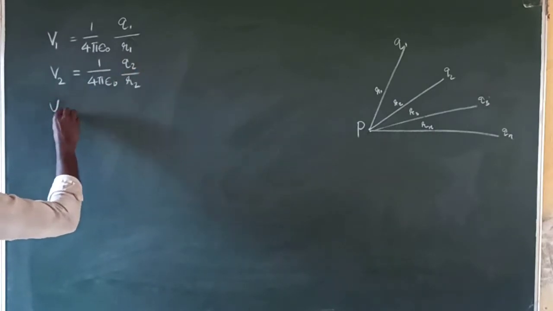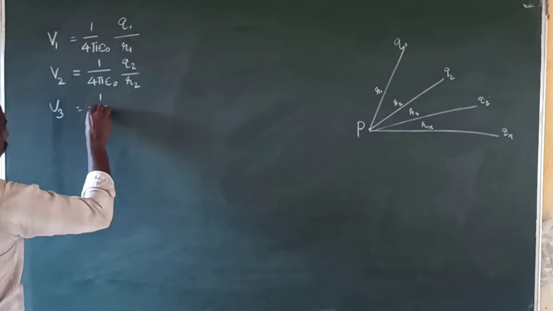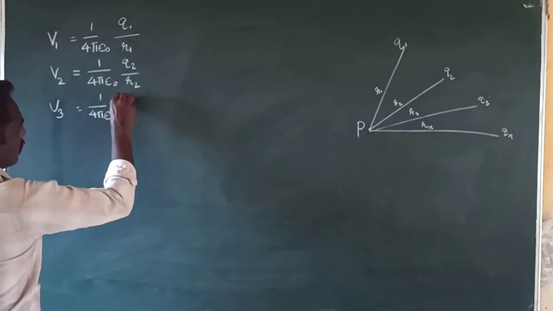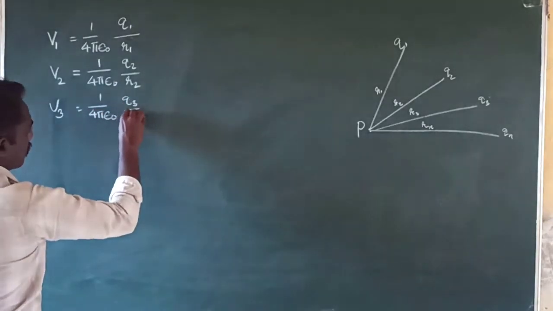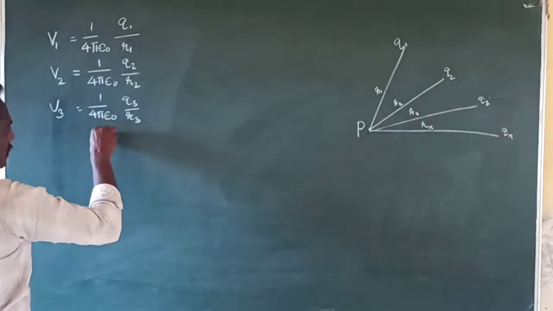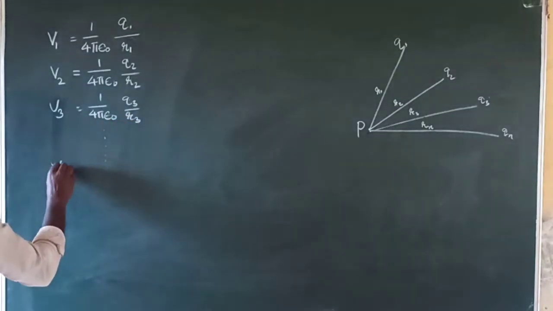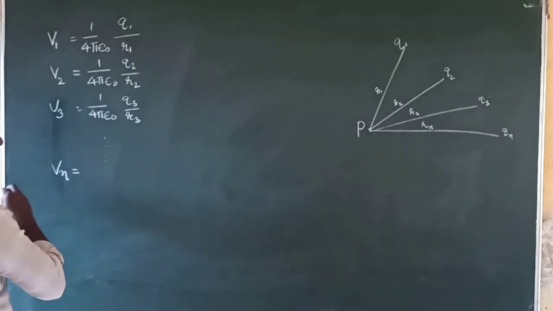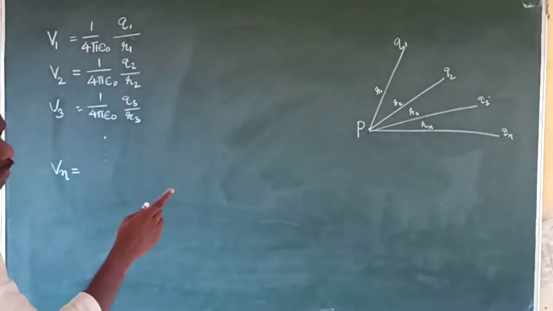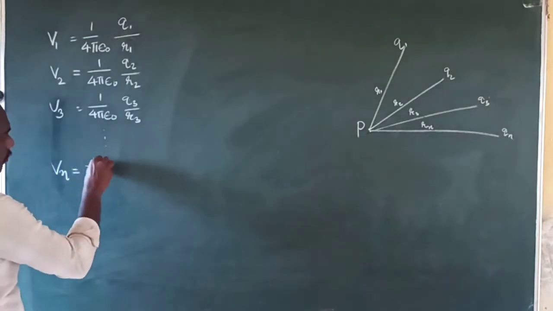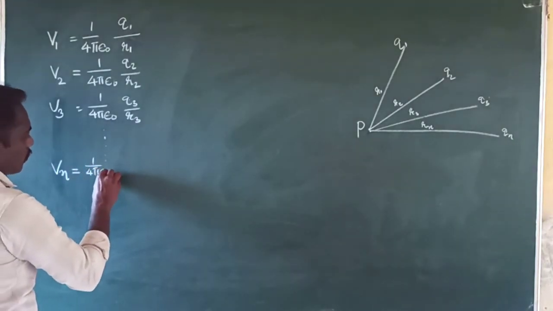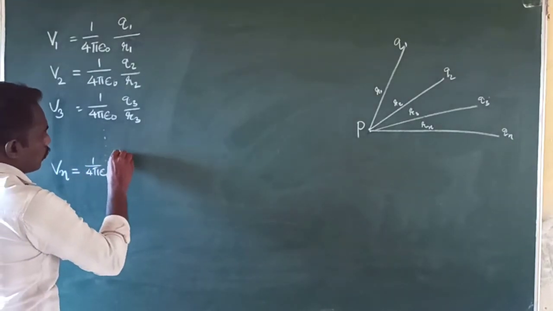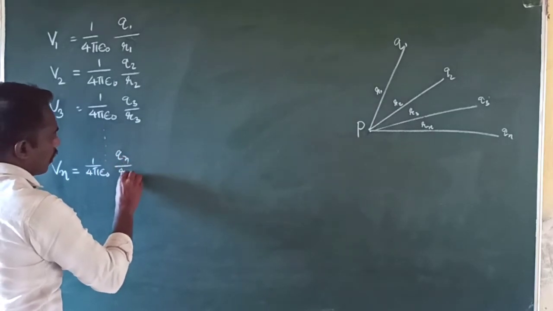Again V3 is equal to 1/(4πε₀) × Q3/R3, etc. And the potential Vn due to the charge Qn at the point P will be 1/(4πε₀) × Qn/Rn.